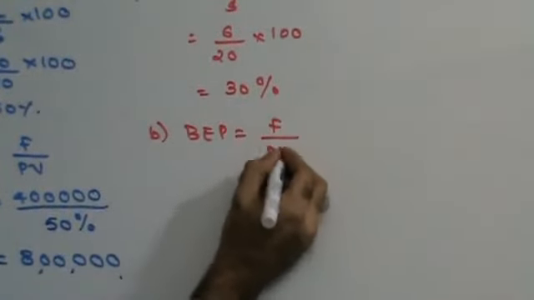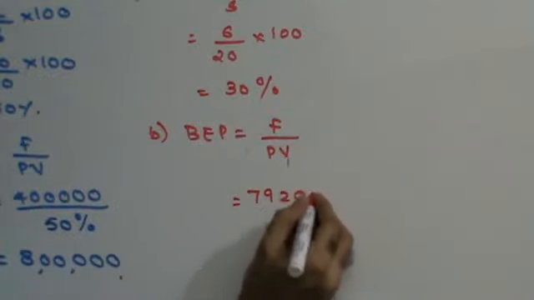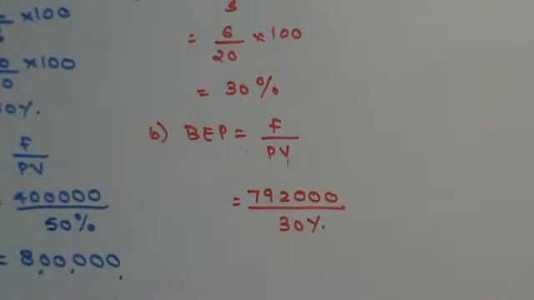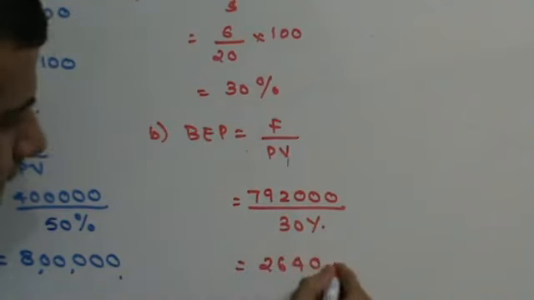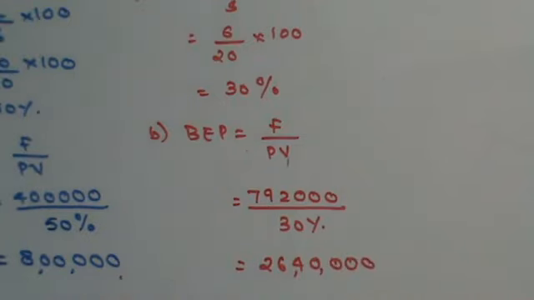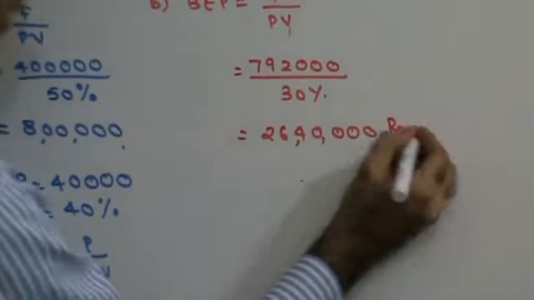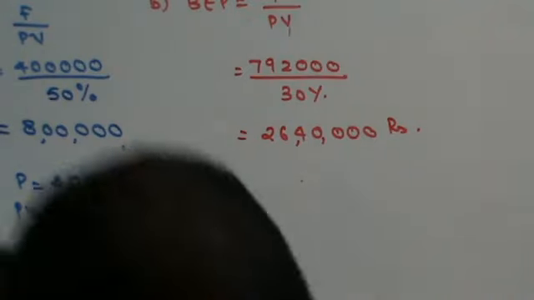Next, find out BEP. F upon PV. Right? So this is going to be 7,92,000 divided by 30%. So 7,92,000 divided by 30% is going to be 26,40,000. So you found out the BEP. Now this is BEP in terms of rupees. They have also asked you to find out BEP in terms of units.